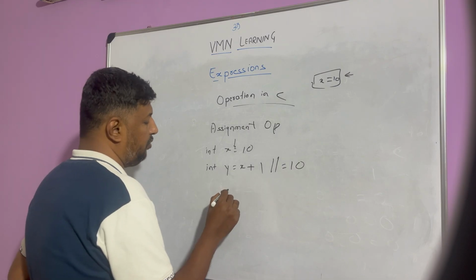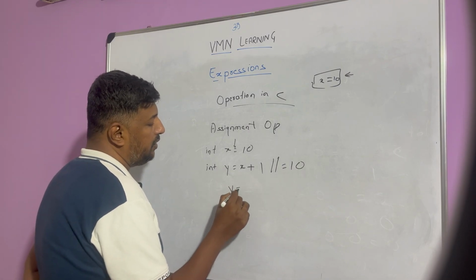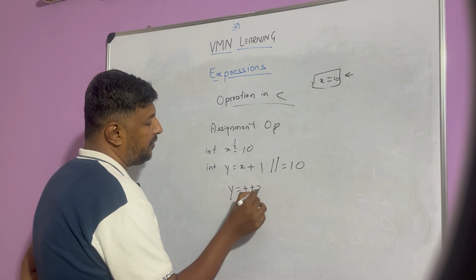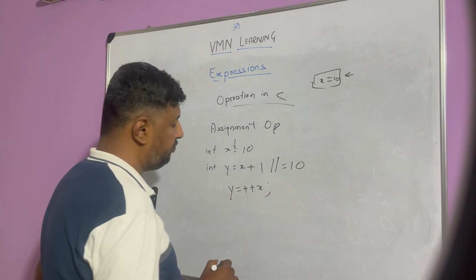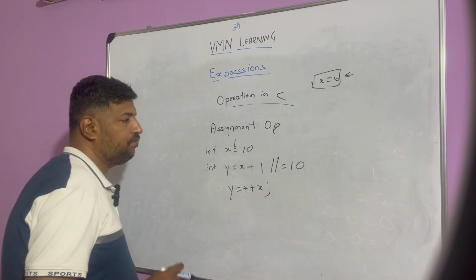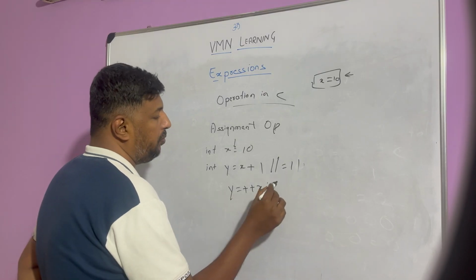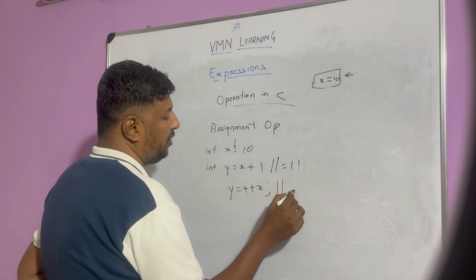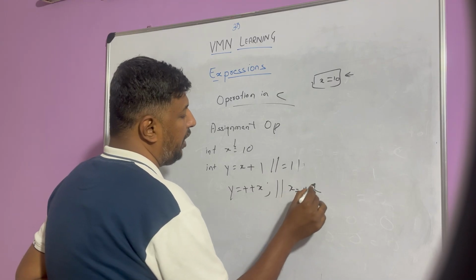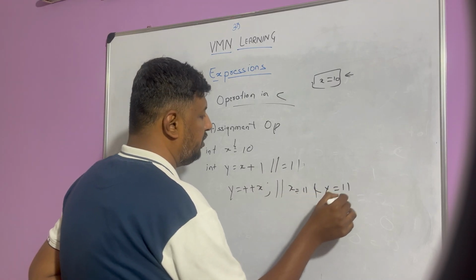Okay, next what we can say is y is equal to ++x. This will be 11. Here both will be 11. x is equal to 11 and y is equal to 11.